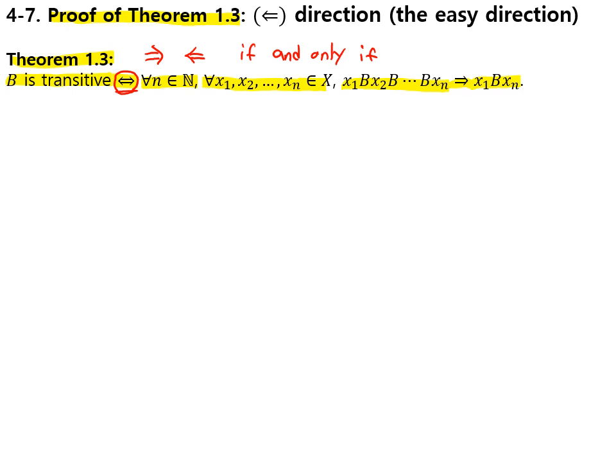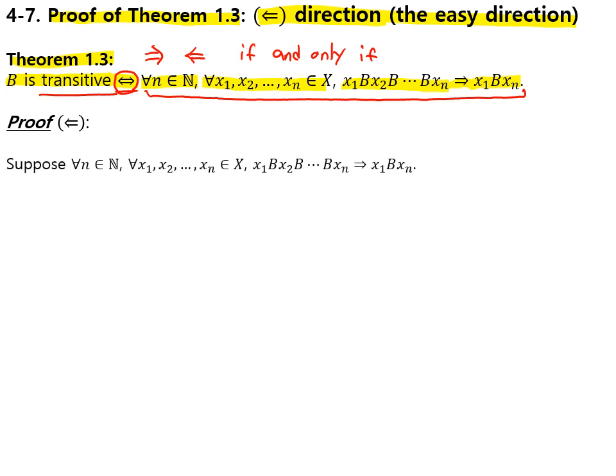So in this slide, we'll prove the easier direction. That is the direction that if this long thing holds, then the binary relation is transitive. So let's look at the proof.